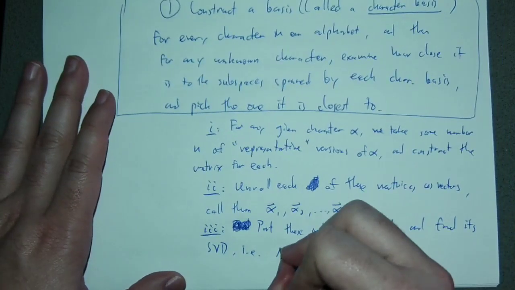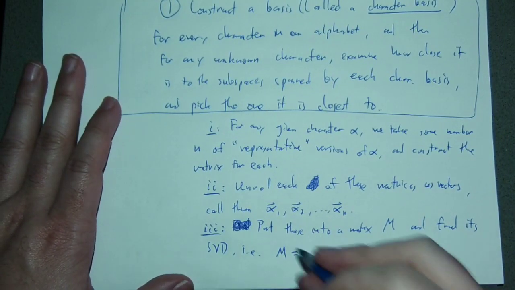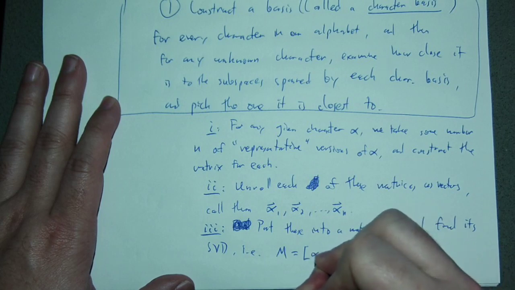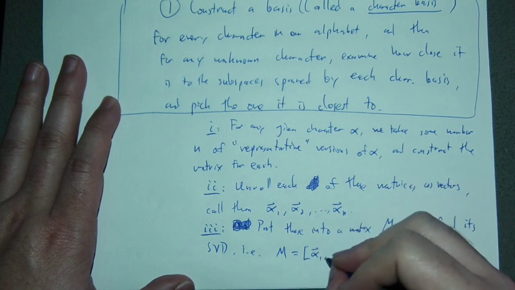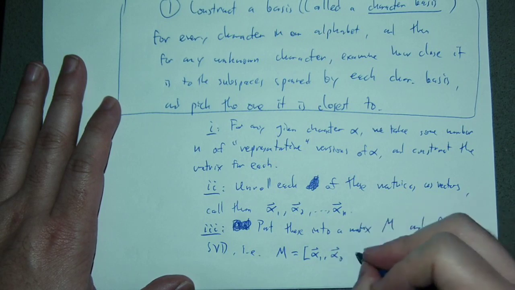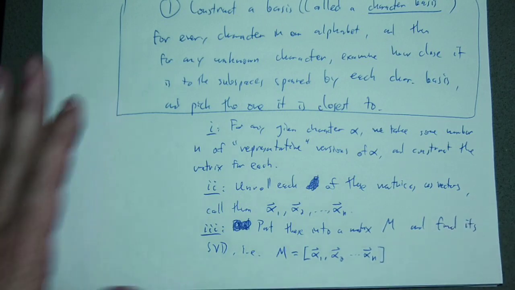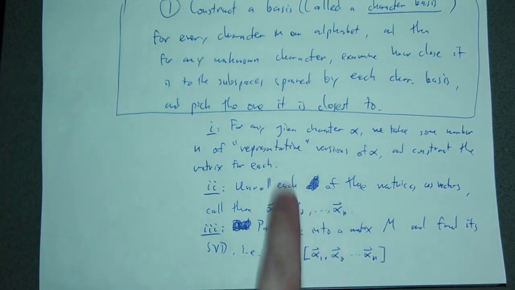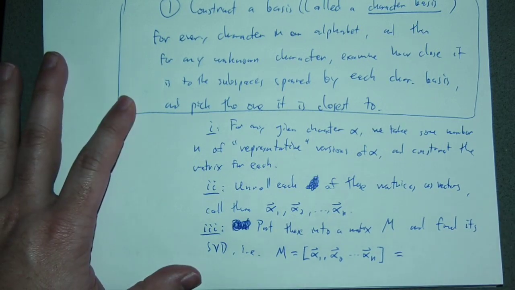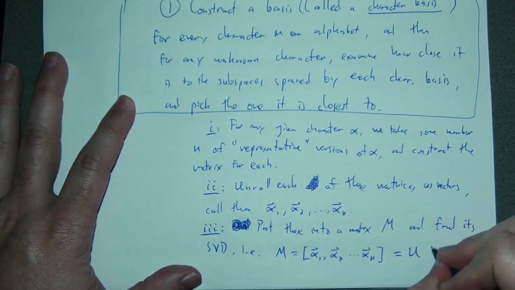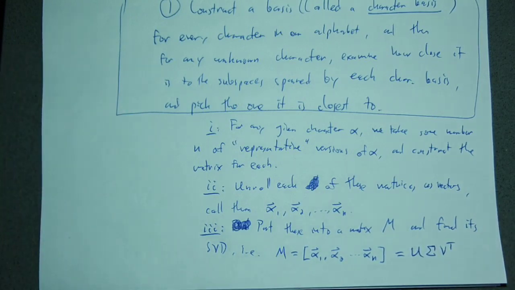That is, M is the matrix whose column vectors are these unrolled vectors coming from these matrices. And we want to find the SVD, U sigma V transpose.